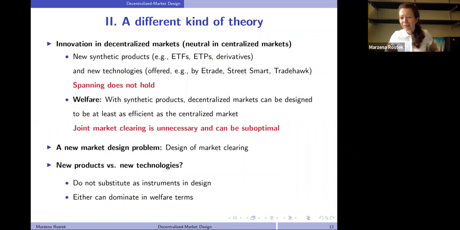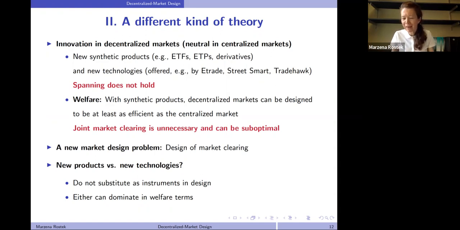So not only is joint clearing unnecessary, because we can mimic it, but it can be strictly suboptimal. Why can a market with multiple venues which clear independently be at least as efficient as the centralized market which clears all assets jointly? Why wouldn't trading platforms let traders condition their demands on prices from other venues? Doing so can reduce or in fact eliminate the inference errors.